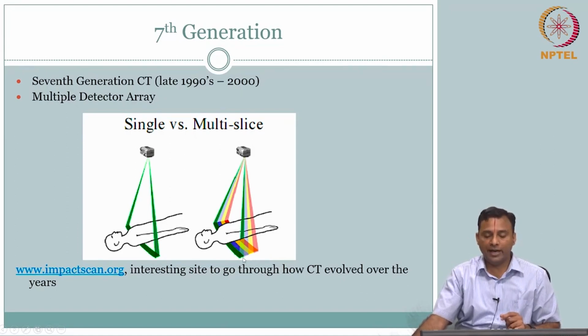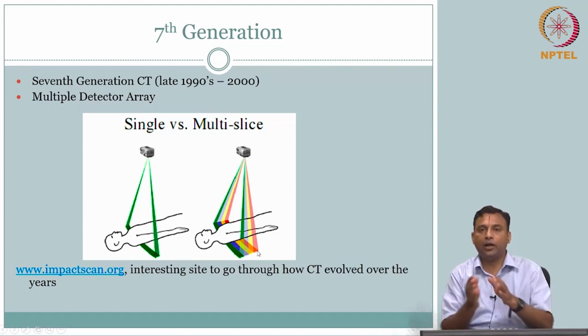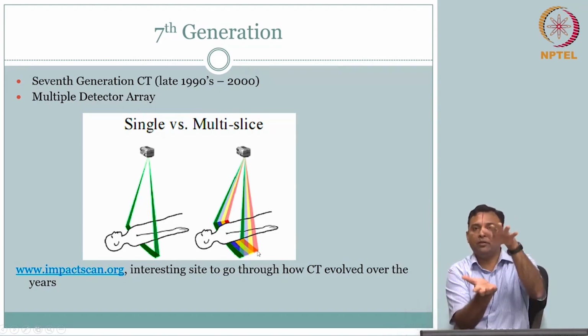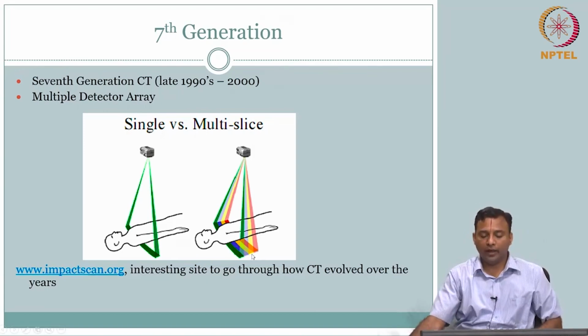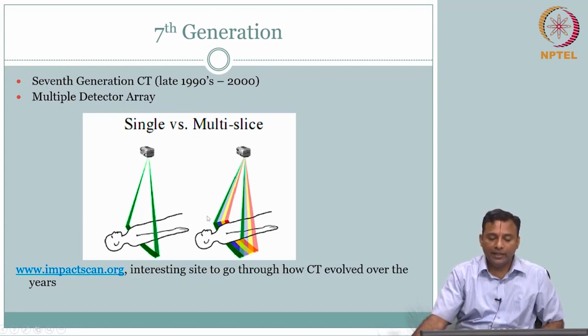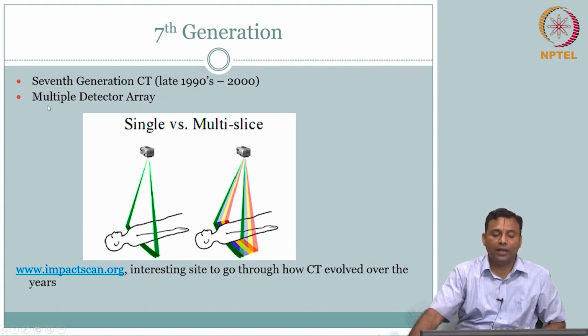If the height of one detector is x and I have 4 arrays here, then I have 4x, so my width has to be 4x. So the idea here is a direct brute force extension of the previous generations with advancement in the array, so you can have multiple detector arrays.